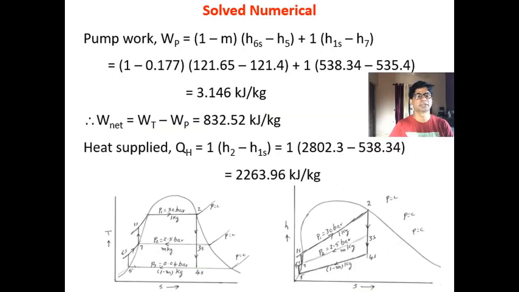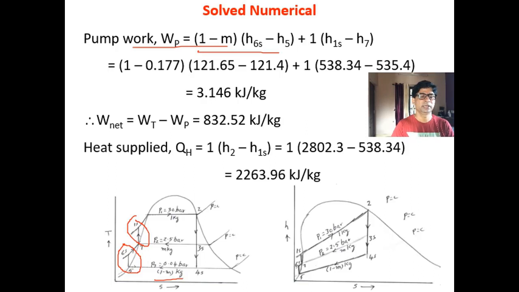Now let us calculate the pump work. There are 2 pumps. Can you see here? 5 to 6S is the condensate pump, and 7 to 1S is the feed water pump. The condensate pump is handling only 1 minus m kg. That is why the first term is 1 minus m into H6S minus H5.